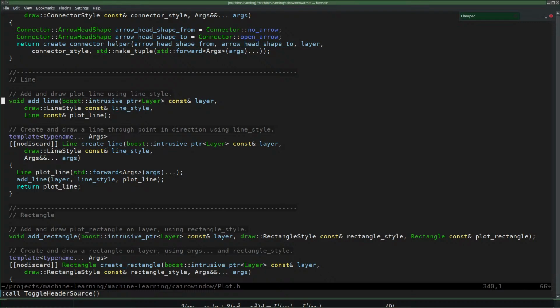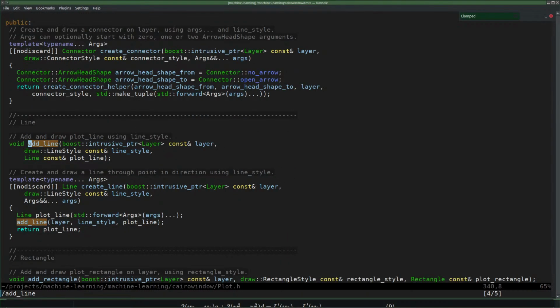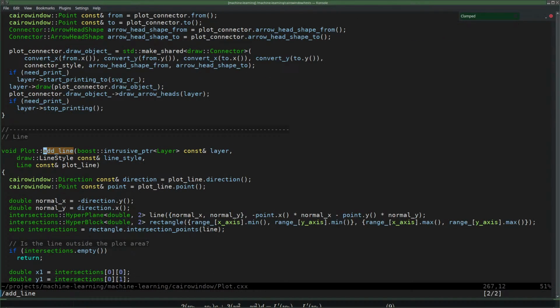I think I need this one. This one talks about line. So why did I not see that? No, whatever. This is the one. So it's a layer, line style, and then plot line.